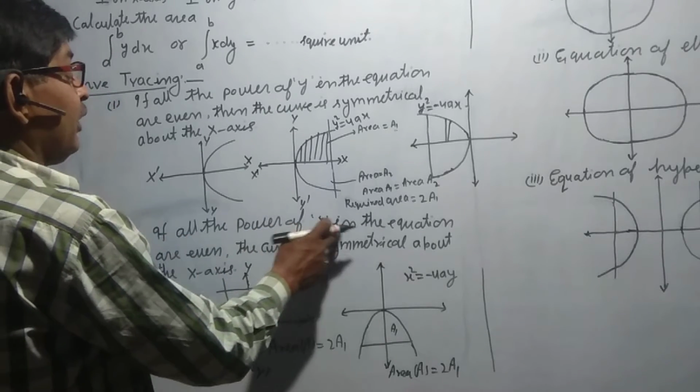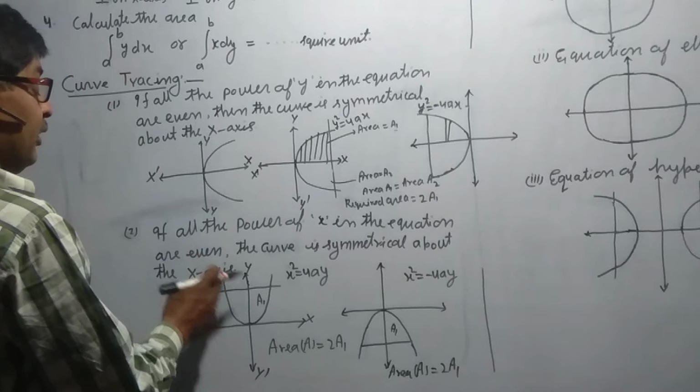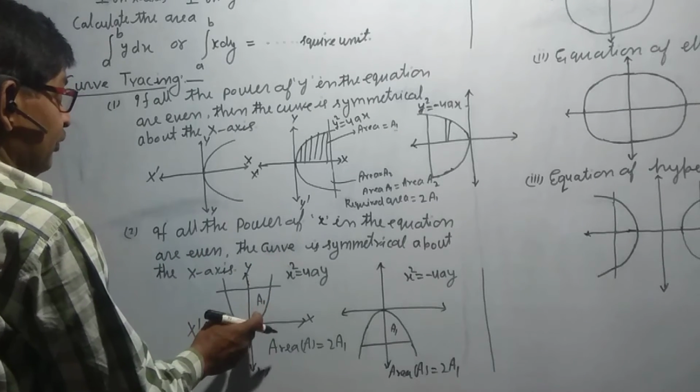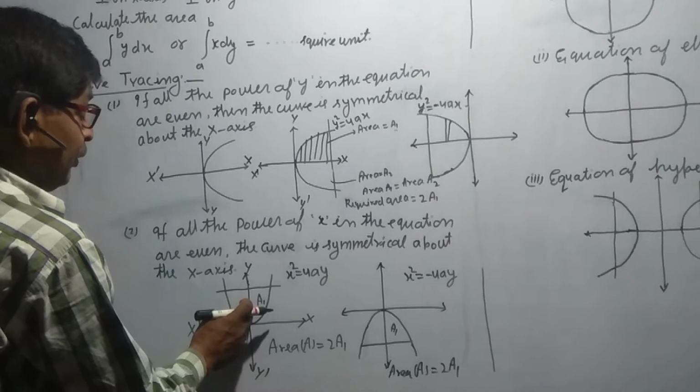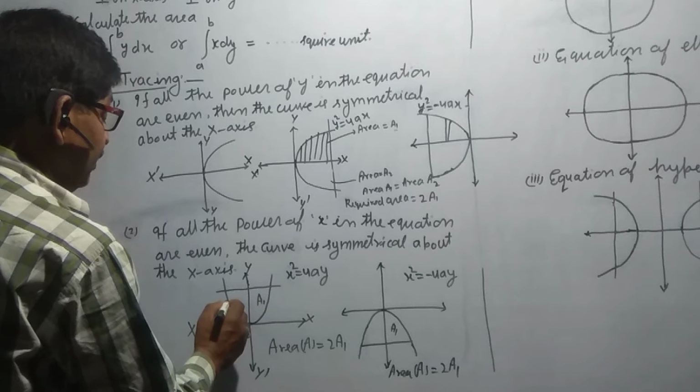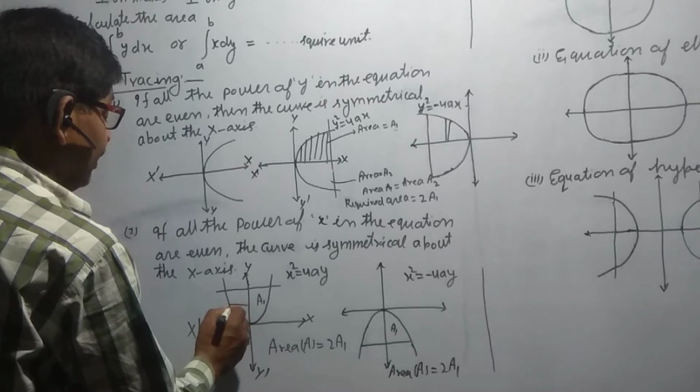If all the powers of x in the equation are even, then there is symmetry about the y-axis, and in this case we take this type of strips here.